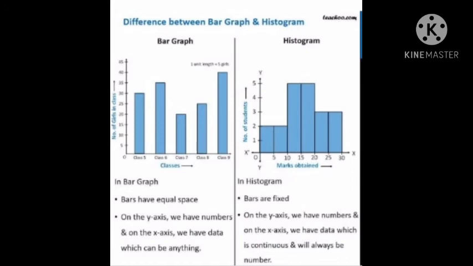The data is continuous and will always be a number along both the x-axis and y-axis. So this is the difference between a bar graph and a histogram.